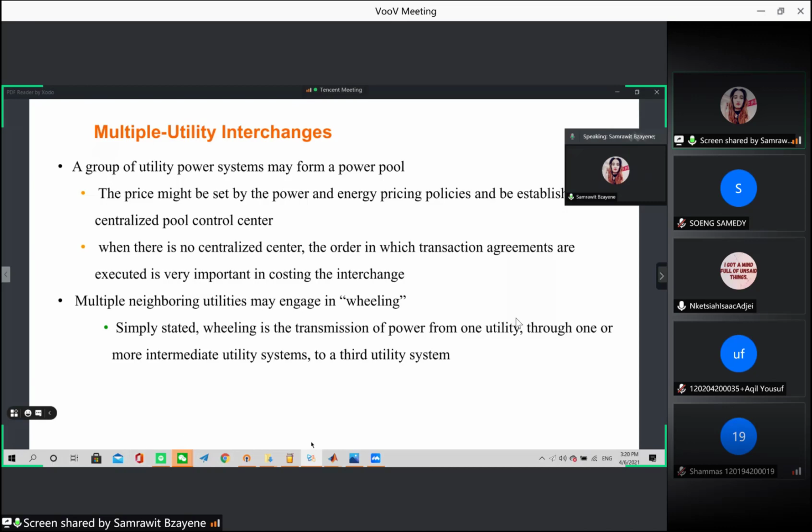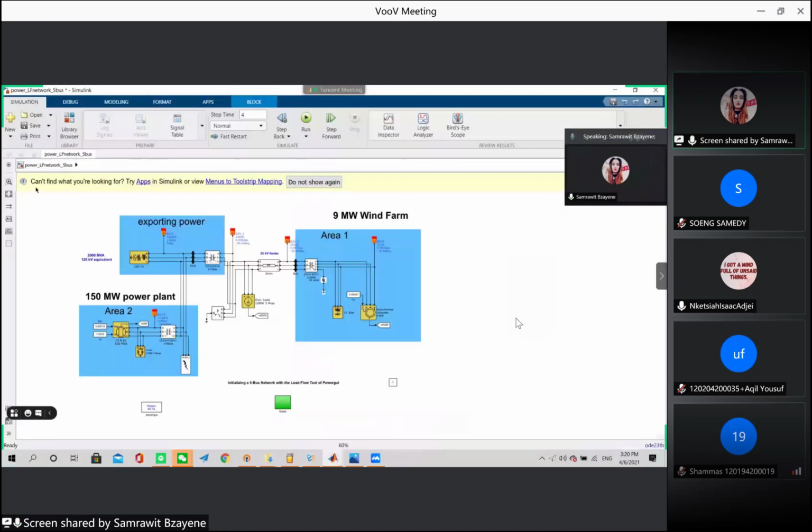We can see this example. Okay, you can see my screen. This system shows us the use of load flow, or power flow, to initialize a simple 5-bus network.